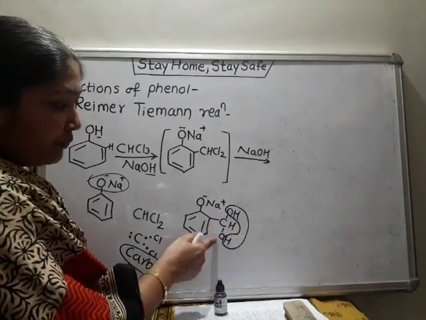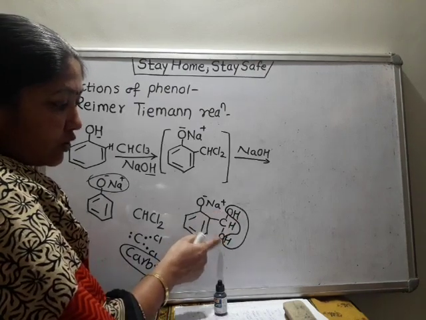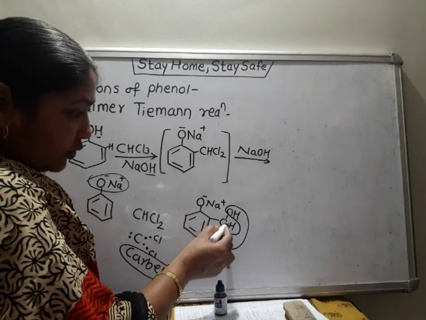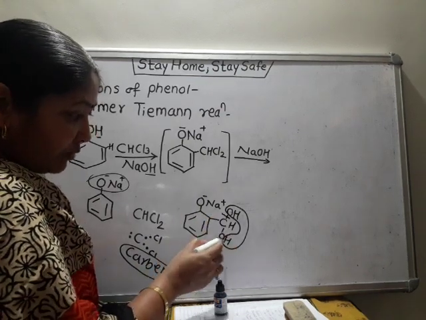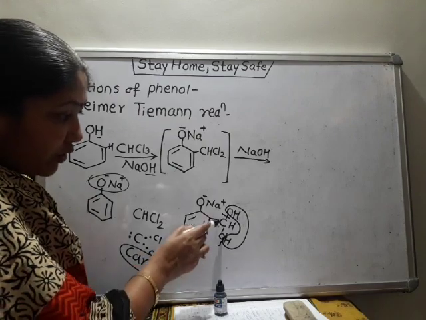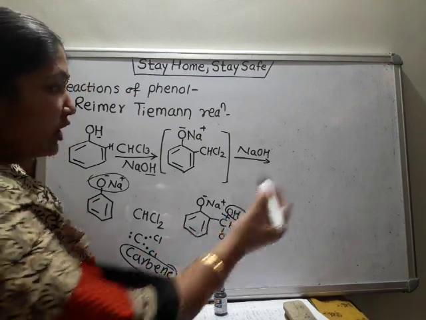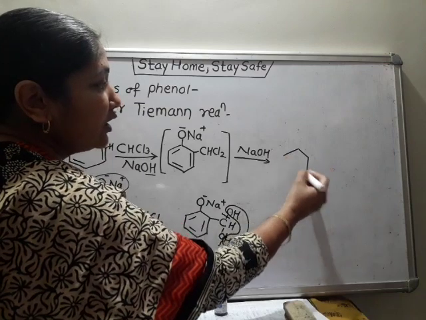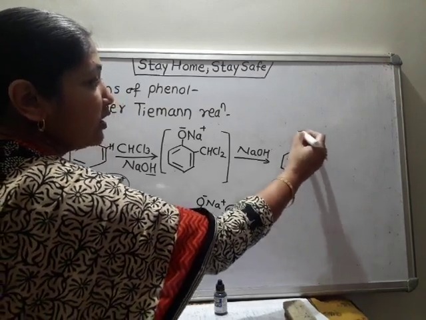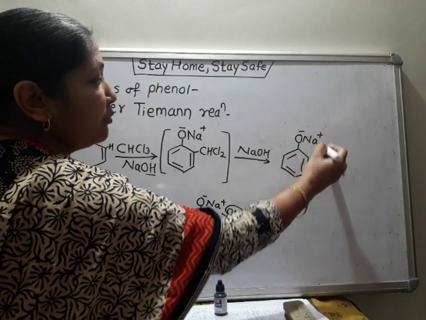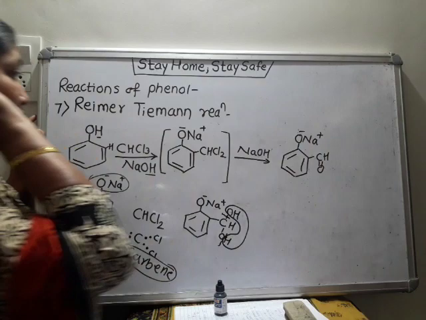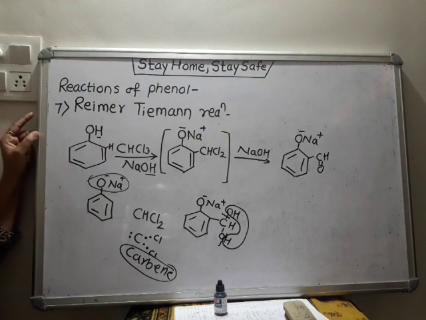So that OH group takes the hydrogen of its neighbor OH group. One valency of this carbon becomes free, one valency of this oxygen becomes free. So carbon and oxygen form a double bond, and we get the product as this O minus Na plus, and a CHO group is introduced at the ortho position.